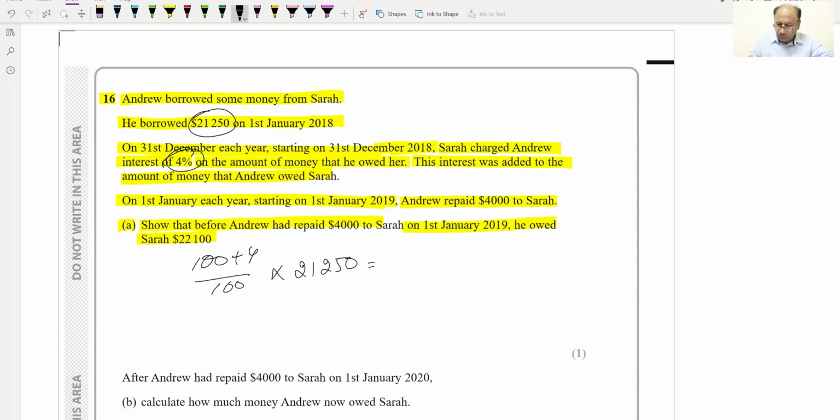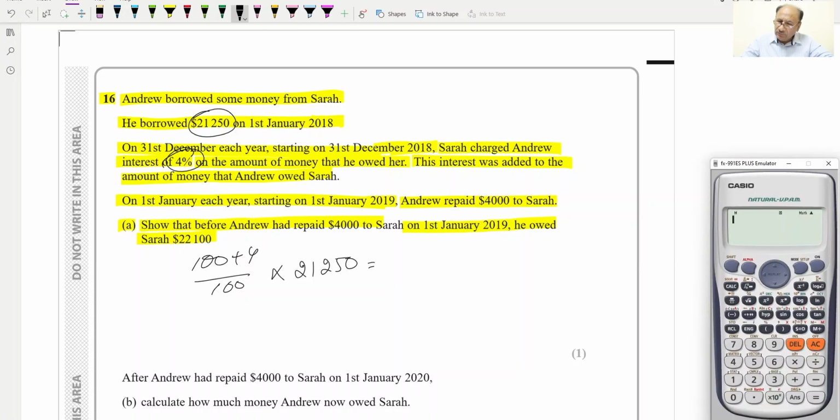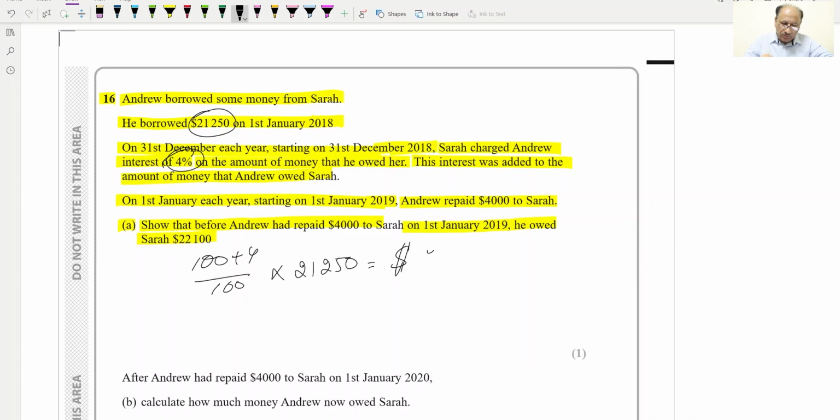This is what we will calculate, and this will be fraction 104 over 100, multiplied by 21250, and this is equal to 22100. So this is in dollars, 22100. This will be the answer for 1 mark.